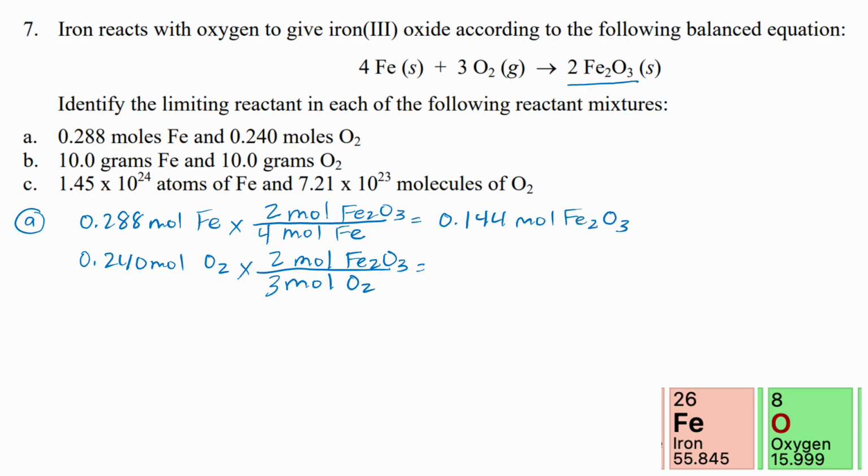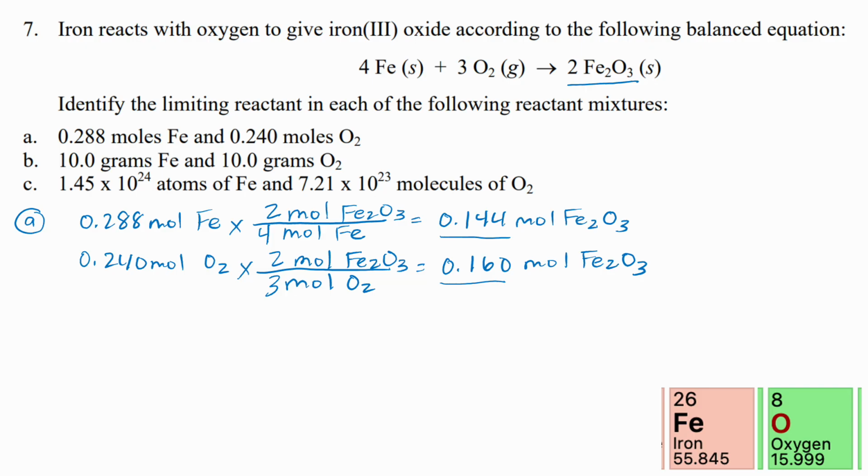And then for our second part with oxygen gas, we have 0.240 times 2 divided by 3. So that's going to give us 0.160 moles of Fe2O3.